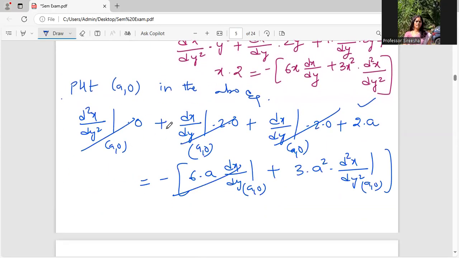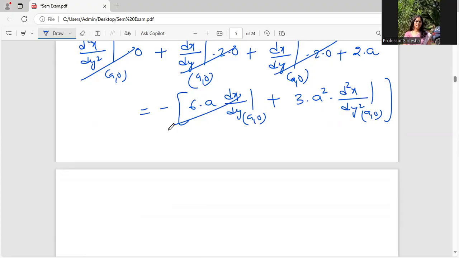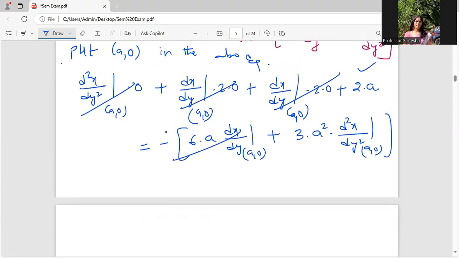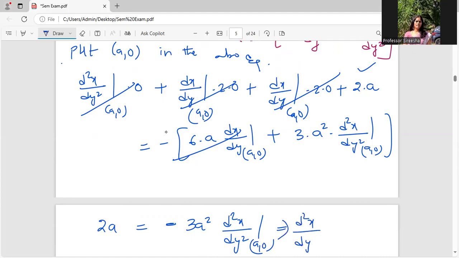So what are the terms that are remaining: 2a on the left, there's a minus sign on the right, and then 3a squared d square x by dy squared is remaining. At a comma 0, I have to evaluate it. So I'll just rewrite d square x by dy squared at a comma 0. This would be 2a by minus 3a squared.